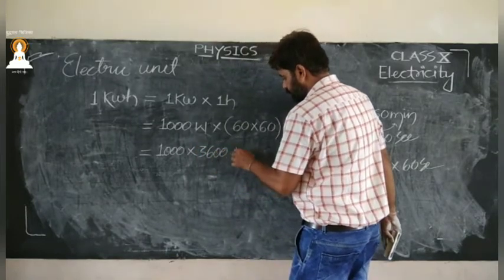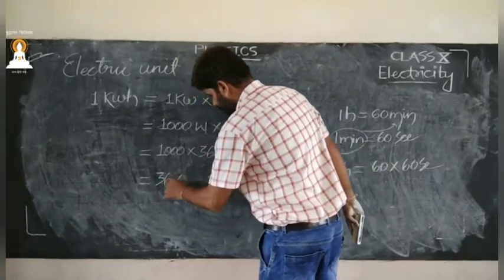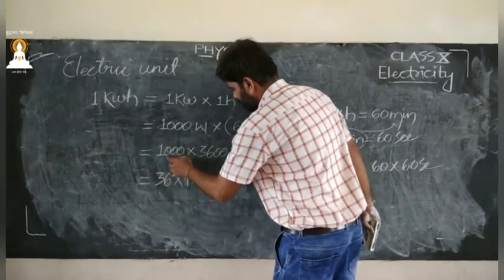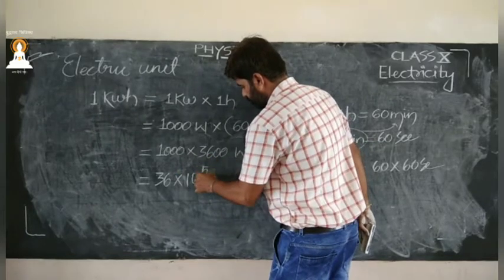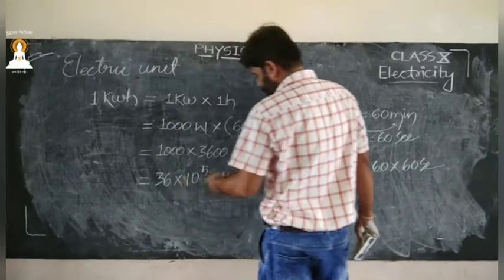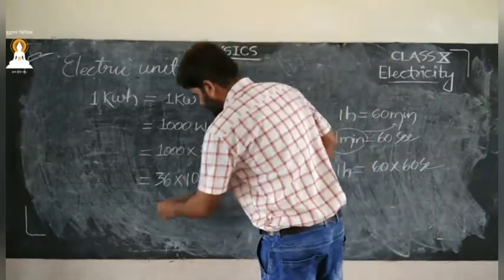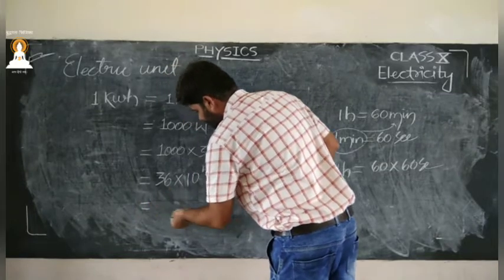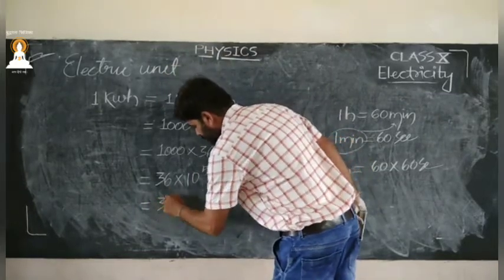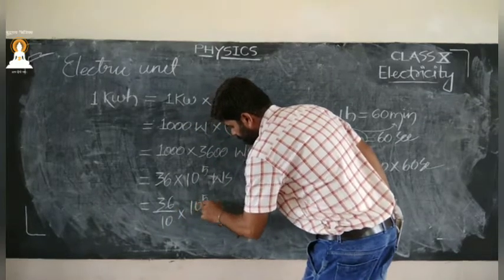3600 watt second. So this is nothing but 36 into 10 raised to power 5 watt into second. Now I need one more to get it into mega. So I will divide by 10 and multiply by 10, so this will become 36 by 10 into 10 raised to power 5 into 10.